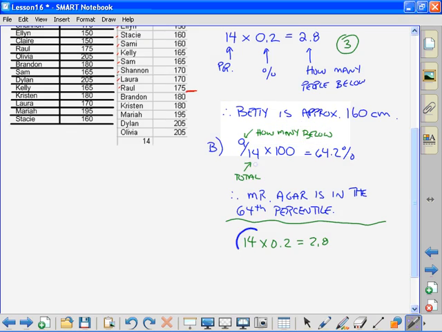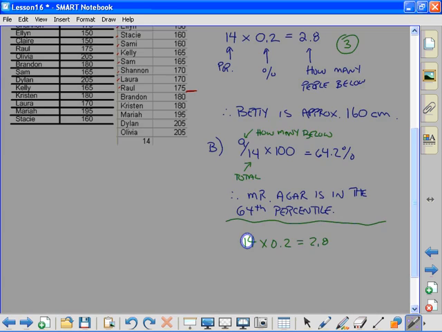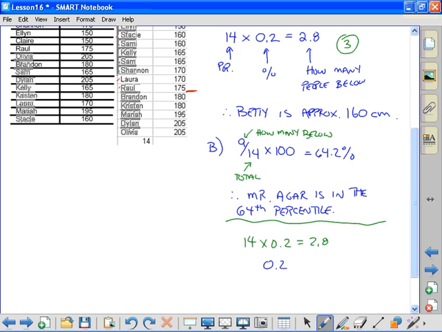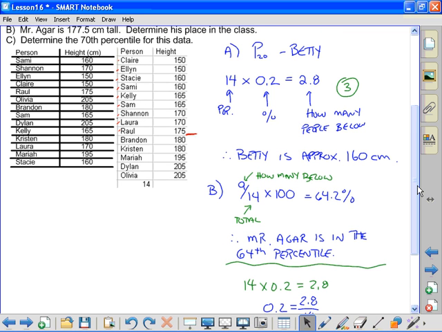So when you rearrange this equation, 0.2 equals 2.8 divided by 14. If you're going to put something on the formula sheet, it's going to be total population times the percentage is how many people are below, or some version of that.